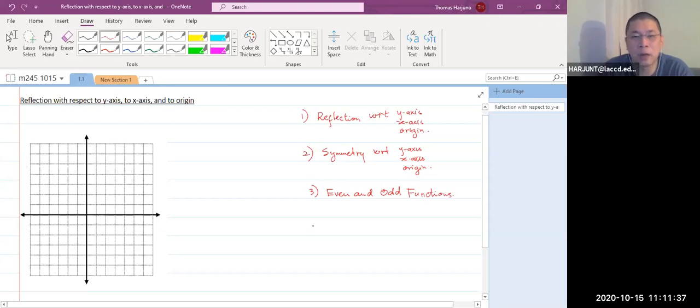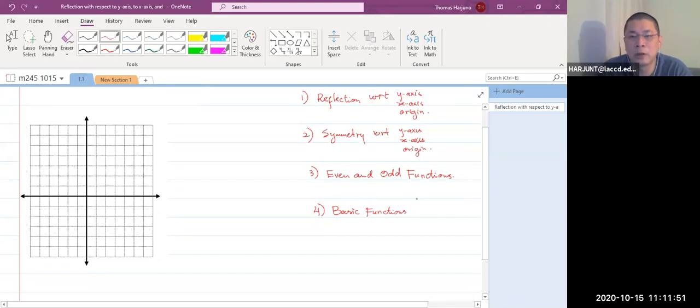And then I go to 2.4, we're dealing with basic functions. Our textbook called it parent functions. The basic functions we will be dealing with are absolute value functions, and then quadratic or square function, and then square root function, and then reciprocal function.